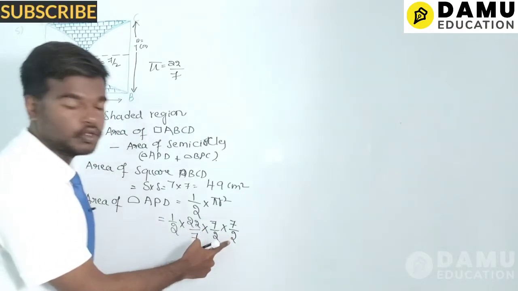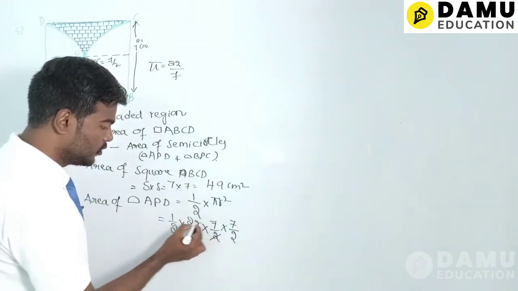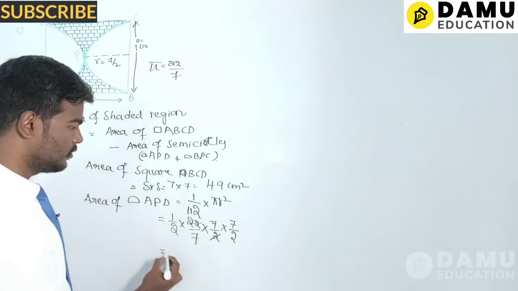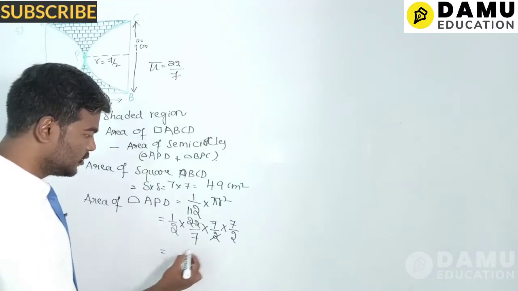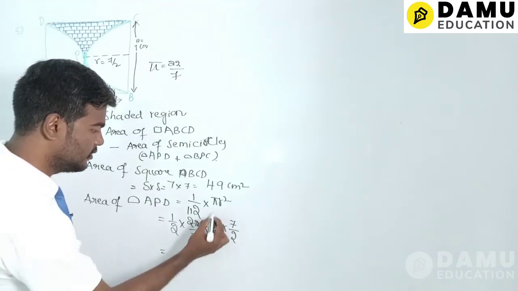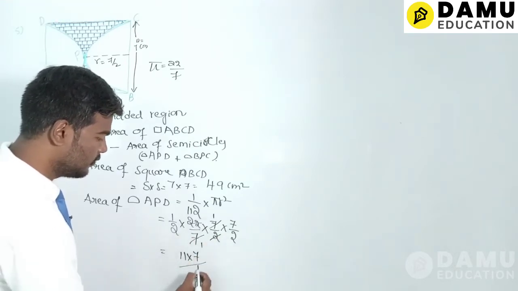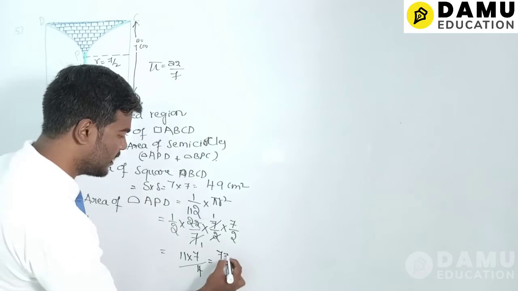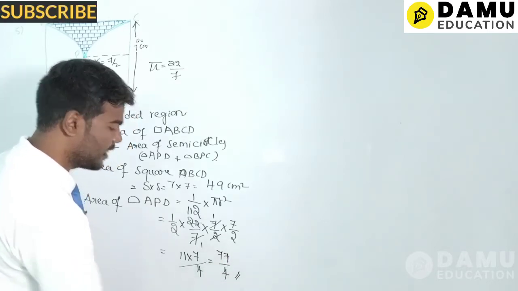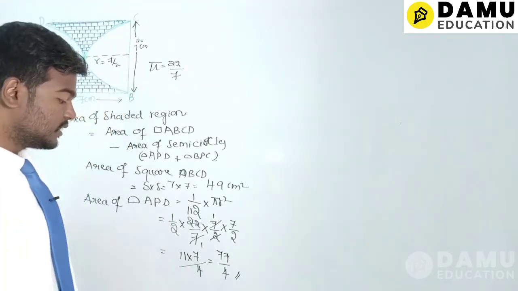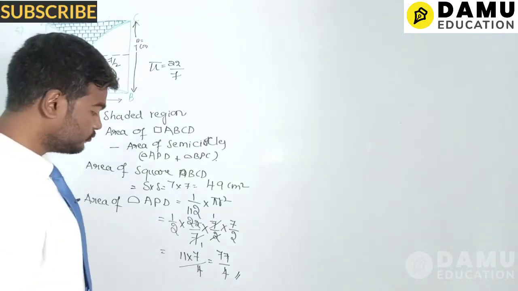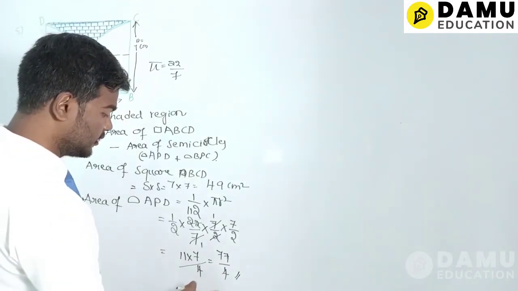Here it is R into R. 2 ones are 2, 11s are 11; 7 ones are 7. Then 11 into 7 by 2 twos are 4. So 77 by 4. This is the value we are getting.